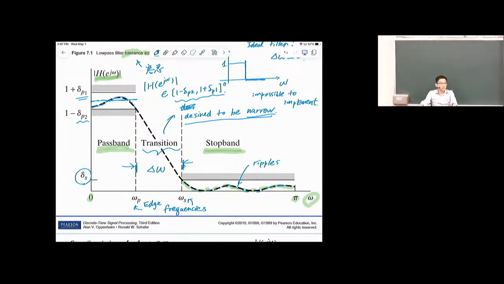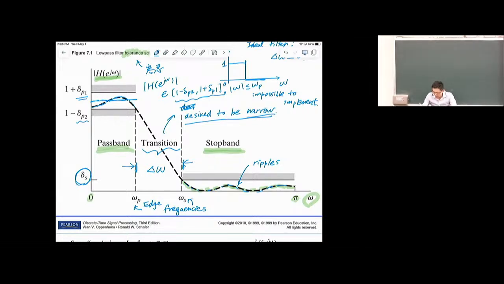So now we can talk about spec. You might be given a spec that we want the stopband gain to be smaller than this. We want the stopband to be suppressed by at least so much. The passband gain should be close to 1 when omega is smaller than omega p, or maybe with an equal sign, doesn't really matter.